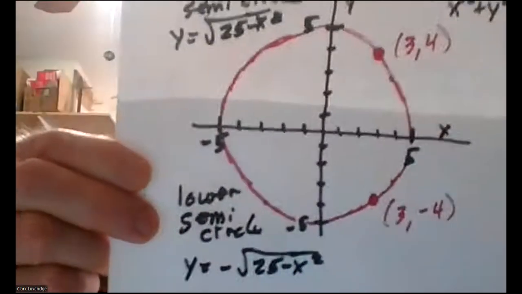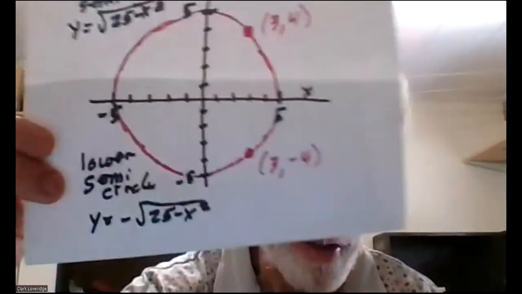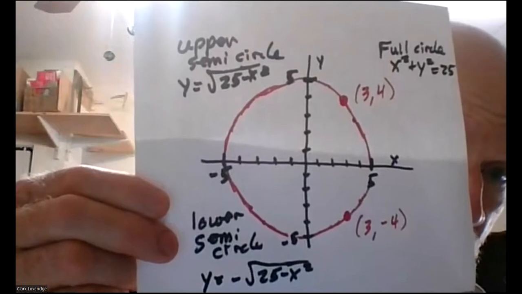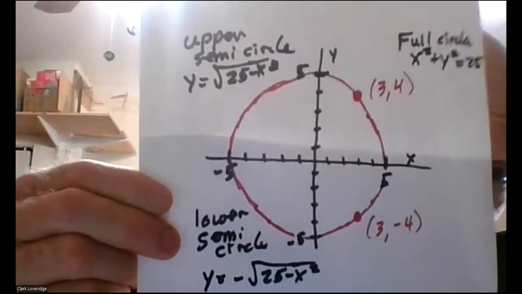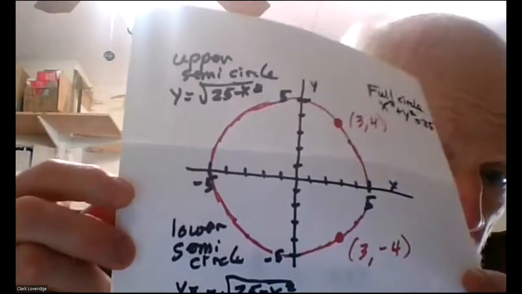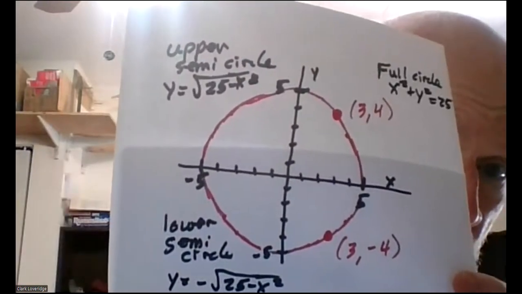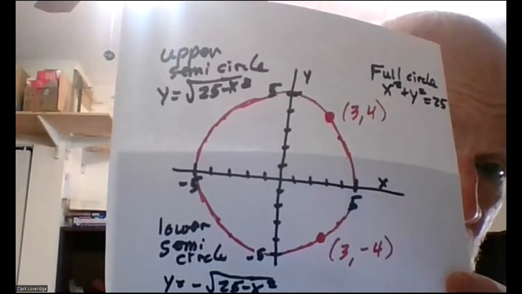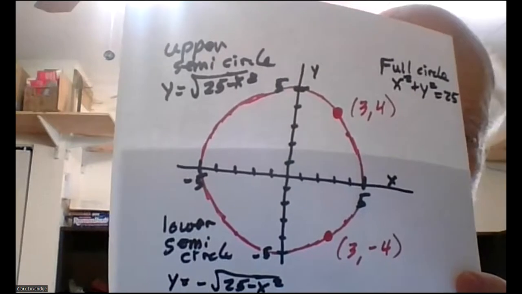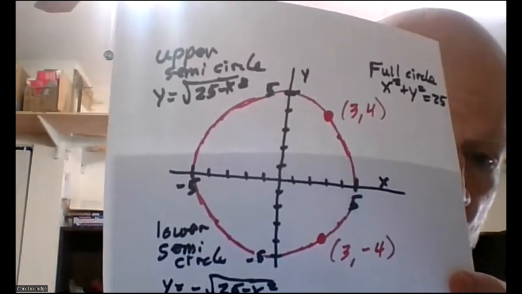Here's an example of something that's not a function: a circle. This particular circle is given by the formula x squared plus y squared equals 25. I have a graph here, and many of the points have two different y values for the same x value.